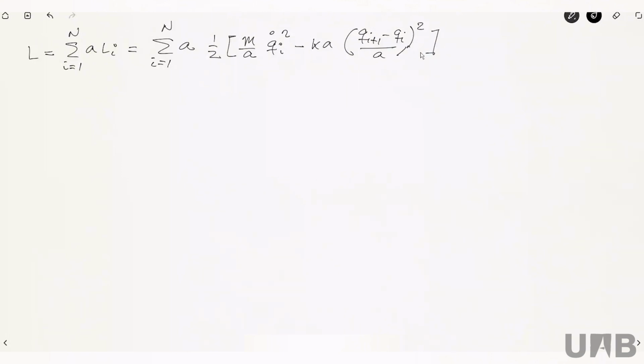Okay? But now we know that this goes to mu, this goes to Young's modulus when a goes to 0, n goes to infinity. So the Lagrangian becomes, if I take a goes to 0 and I have a sum of all these things, what do you guys think that this becomes?